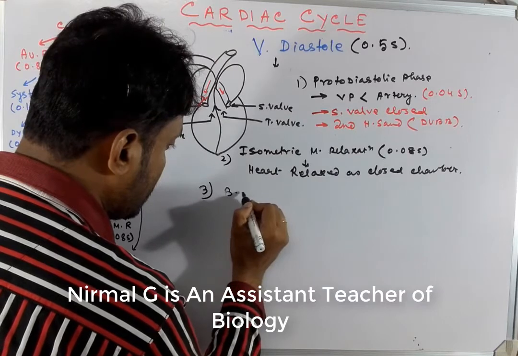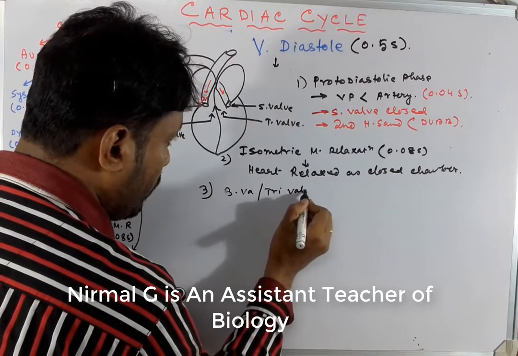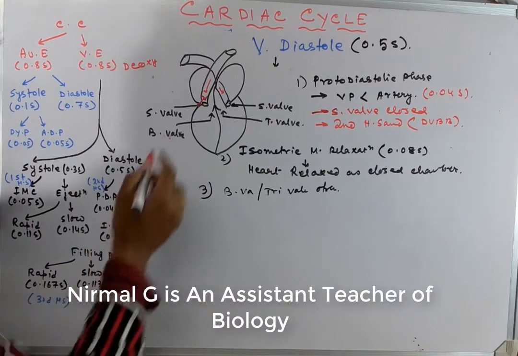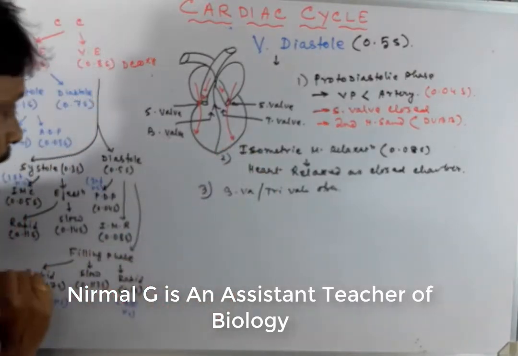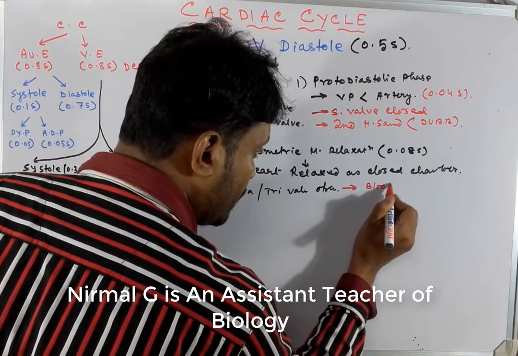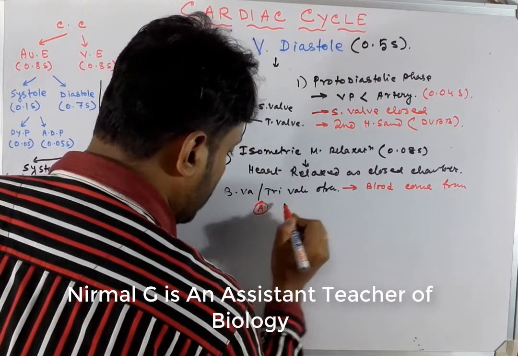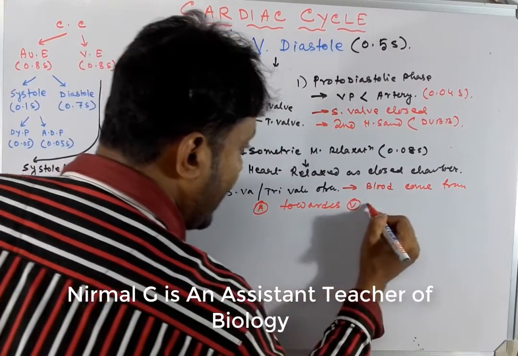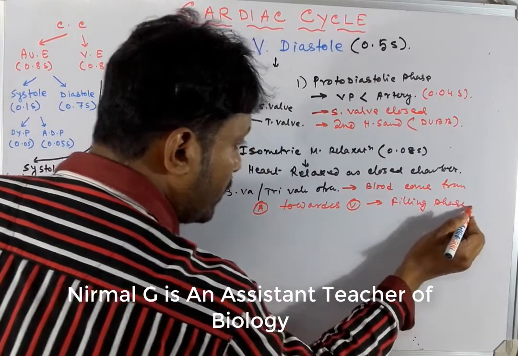The bicuspid valve and tricuspid valve open, so blood comes from the auricle towards the ventricle. This is called the filling phase.